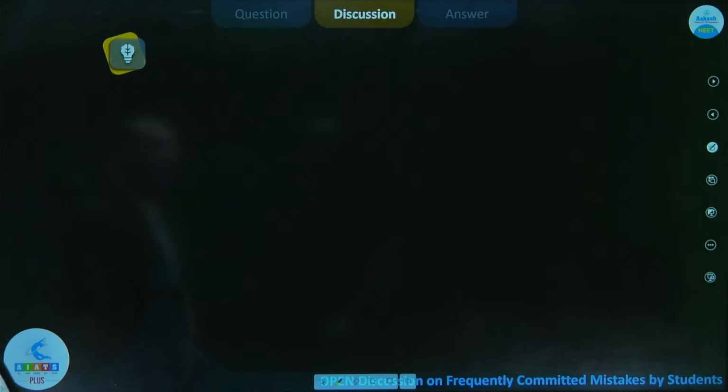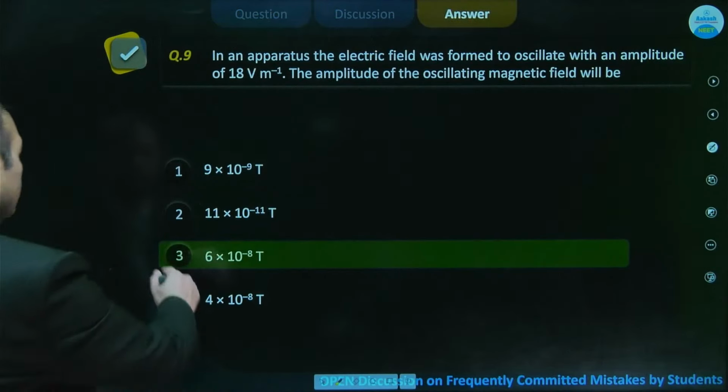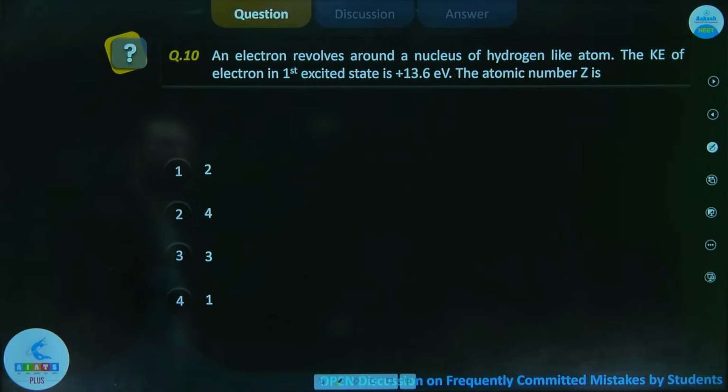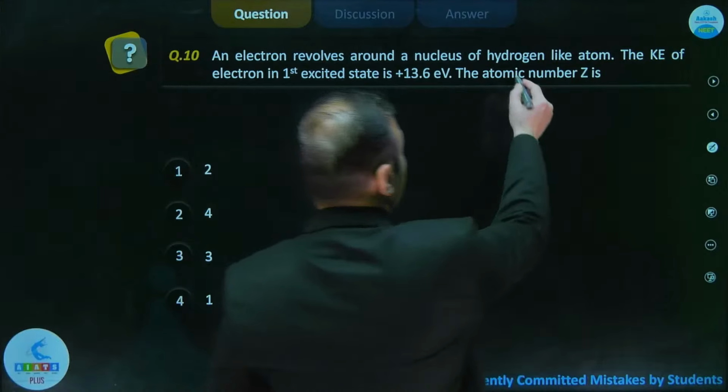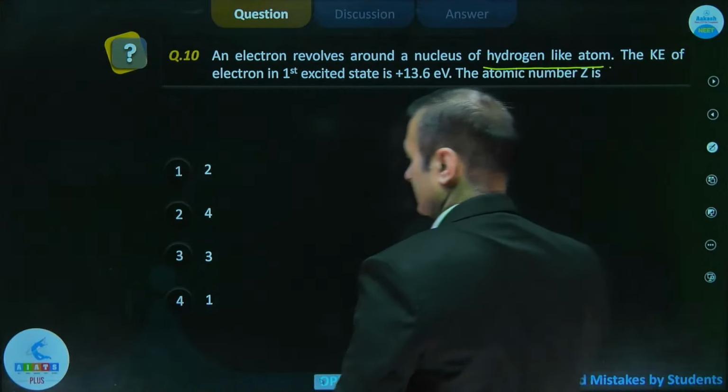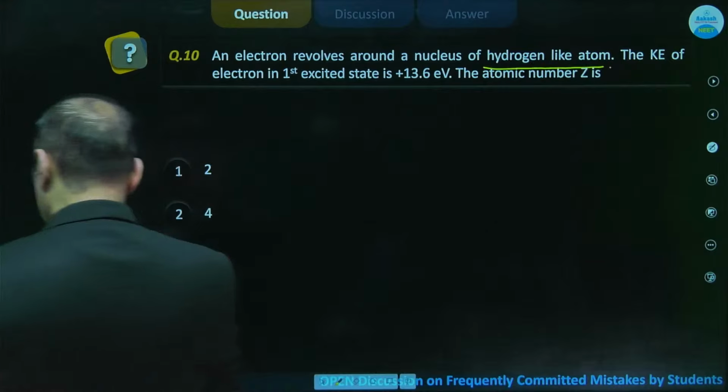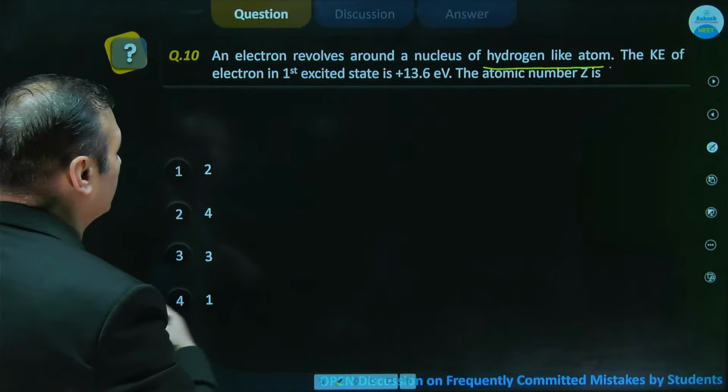Moving to the next. An electron revolves around a nucleus of a hydrogen-like atom. The kinetic energy of the electron in the first excited state is given. So first we need to understand the hydrogen-like atom.